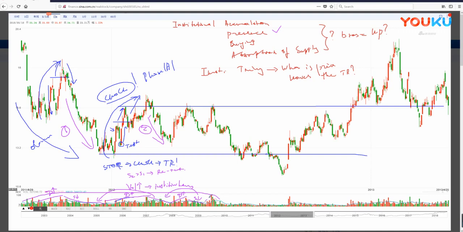And then we see again the confirmation of the demand increase and the supply decrease. Such a picture, when demand is increasing and supply is decreasing, suggests some institutional buying.